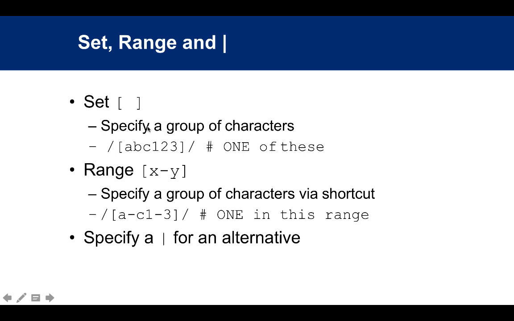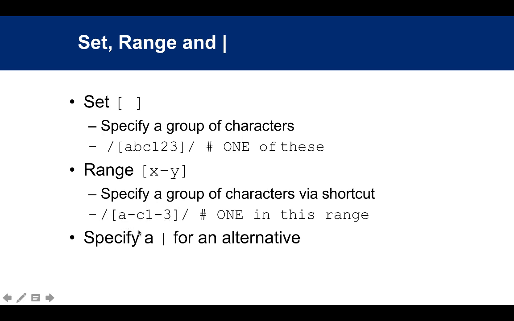The other thing you could do is you could have a set. So if you don't want to specify every single character in a certain set, you could just say ABC123, and this basically says one of these 6 characters. Or you could have a range, X through Y, which is in this case not a good example because X is right next to Y, but you could specify, for example, A through C, or 1 through 3.